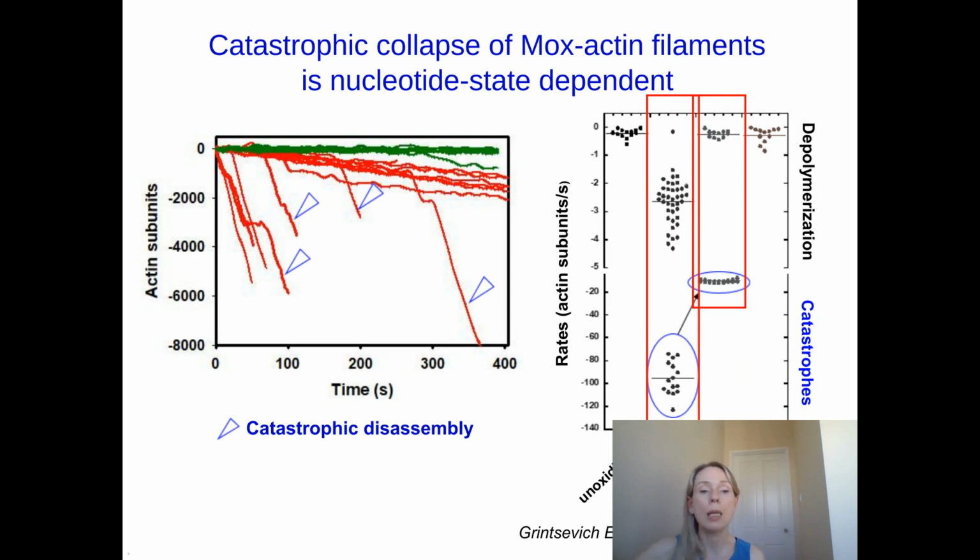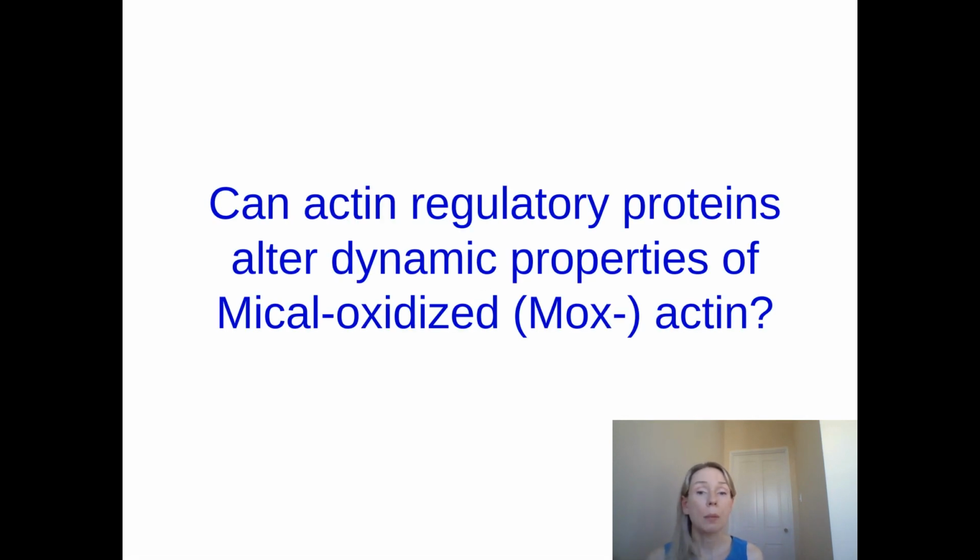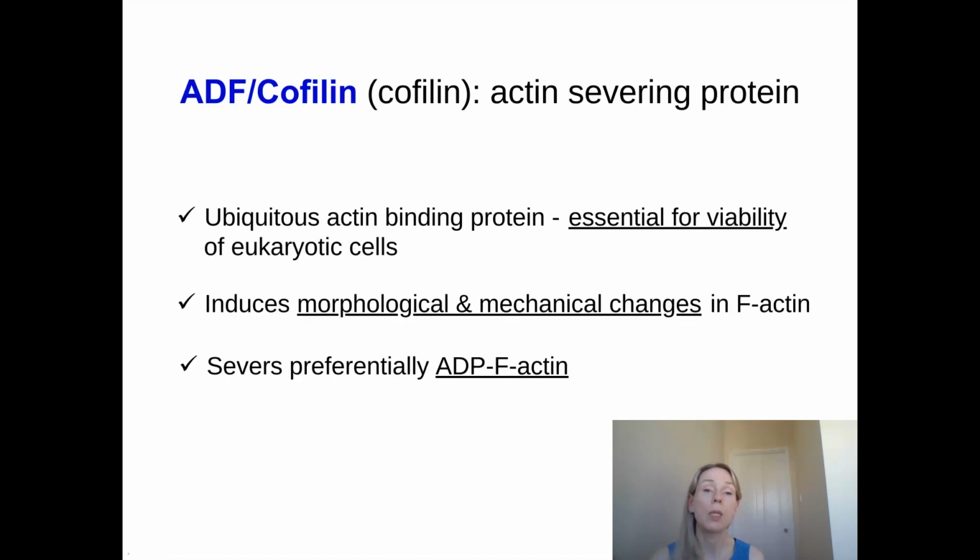Are there any factors which assist disassembly of Mical-oxidized actin? So we asked: can actin regulatory proteins other than Mical alter the dynamic properties of these filaments? And the first factor which we examined was ADF-Cofilin.